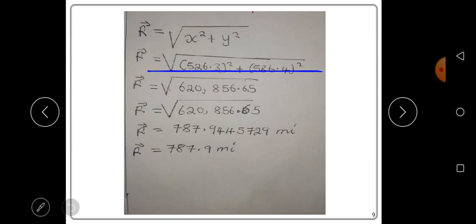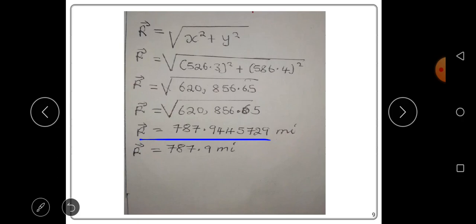So when we punch this on a calculator, we'll get the square root of 620,856.65. When we find the square root of that, we find that the magnitude of this vector is 787.9445729 miles.